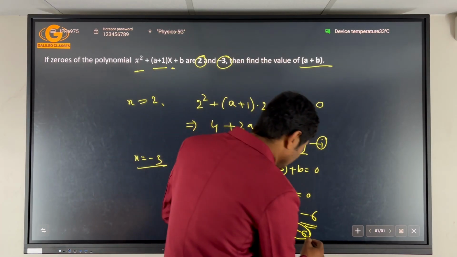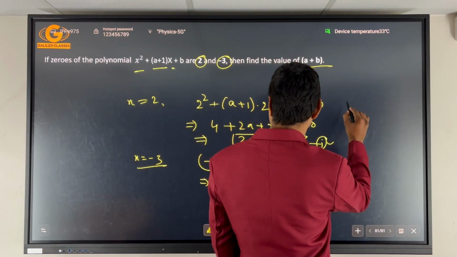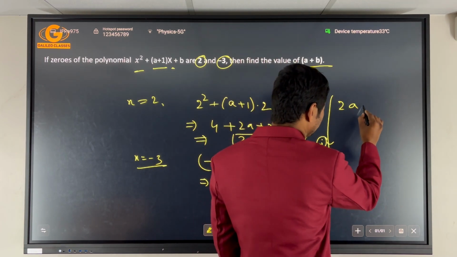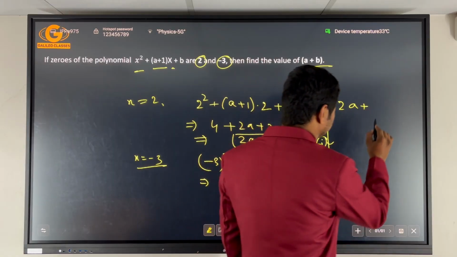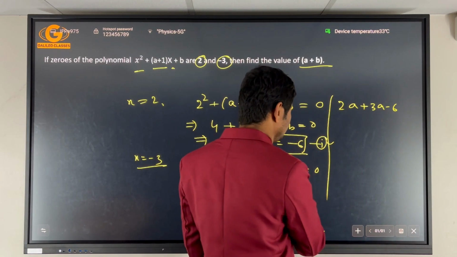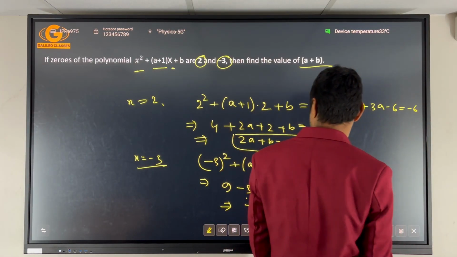Putting 3a minus 6 in equation 1, we'll get 2a plus 3a minus 6 is equal to minus 6.